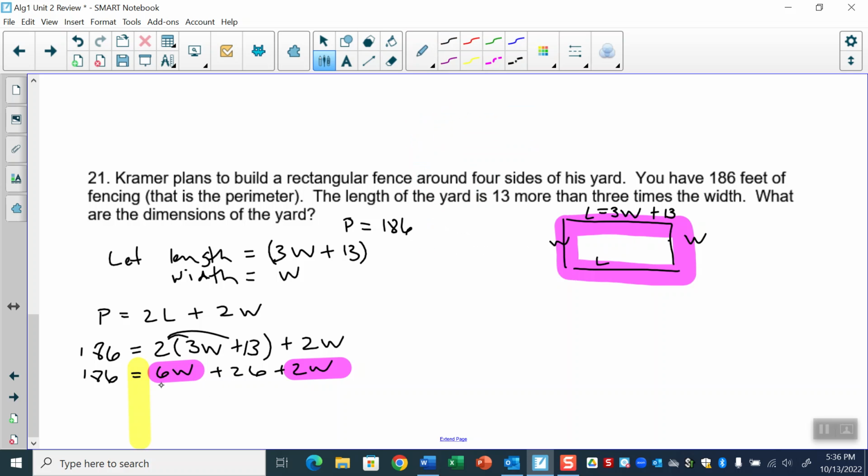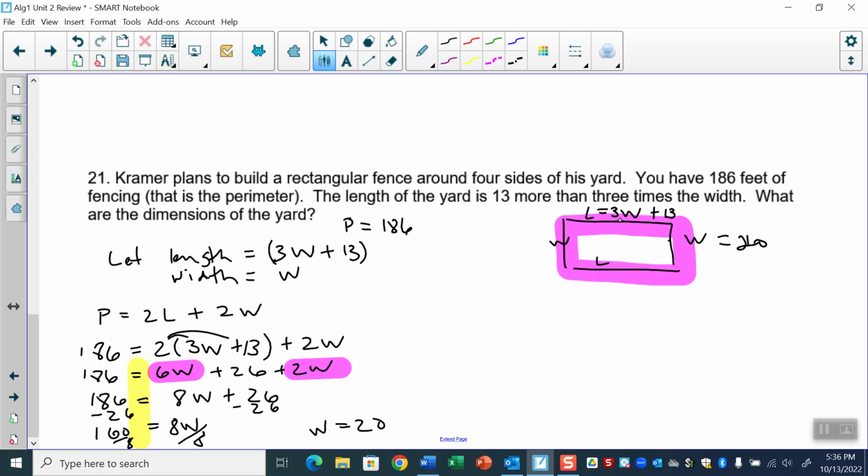So I've got the 6W and 2W is 8W. And then I'll bring down the 26 equals 186 minus the 26, divide by 8. So W equals 20. Okay, so my width is 20.